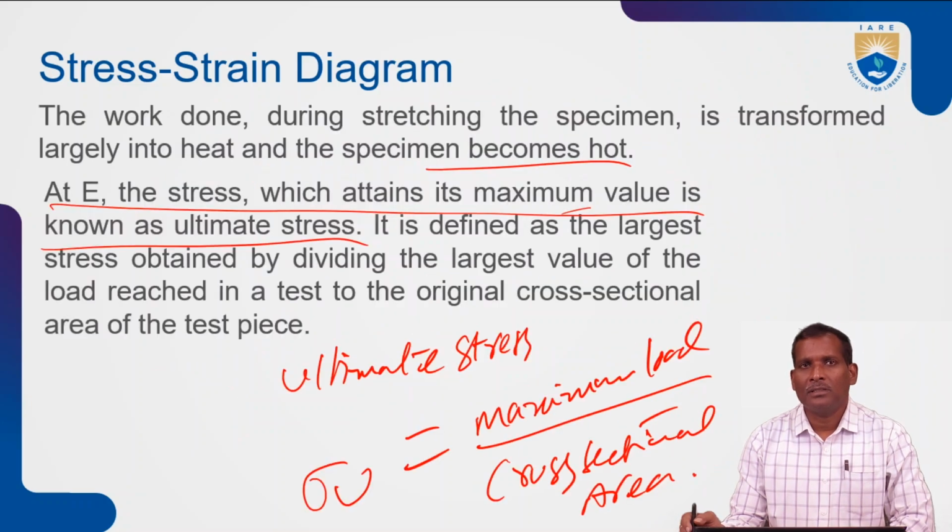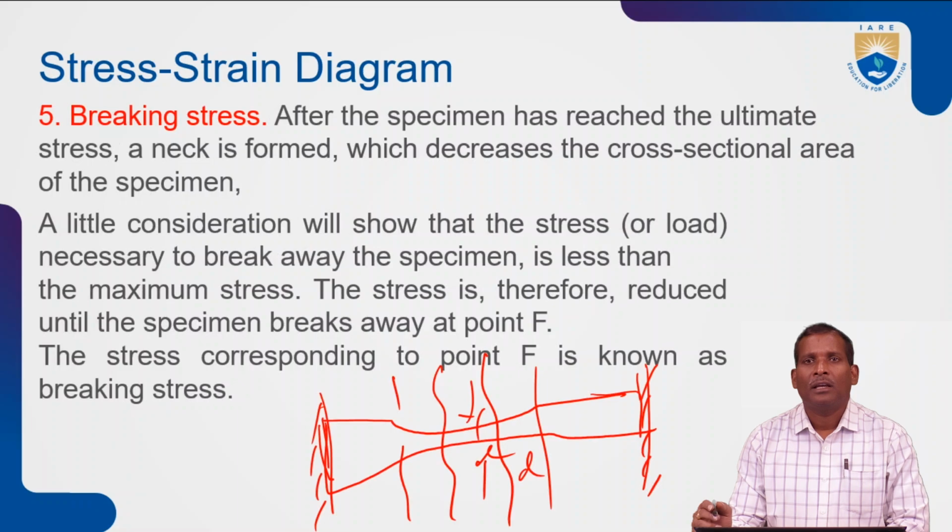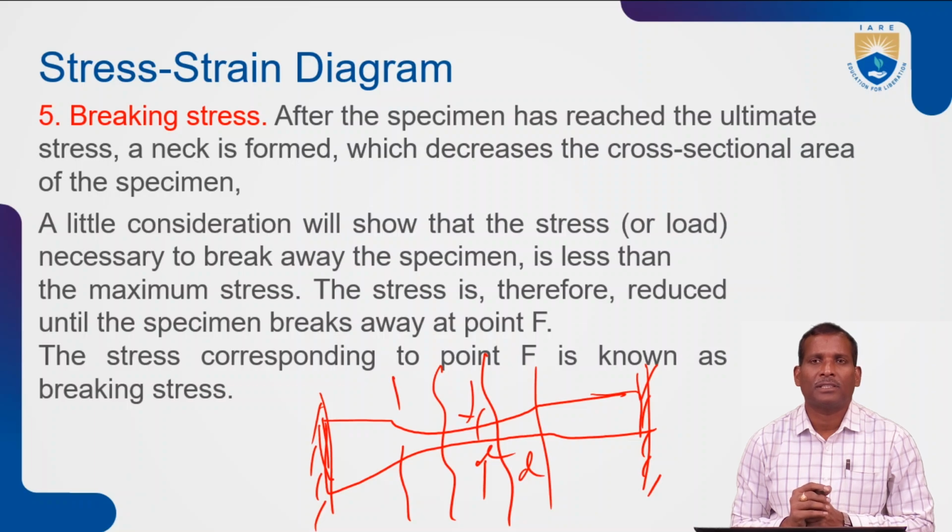So the ultimate stress you can calculate by dividing the maximum load reached in a test by the original cross-sectional area of the test piece. And the breaking stress is that at which the component will fail. It breaks after reaching the neck formation.